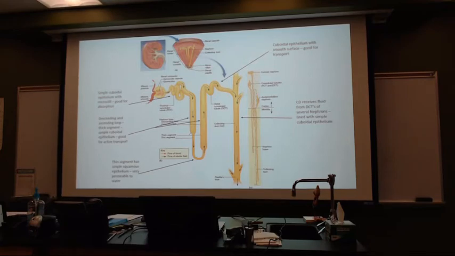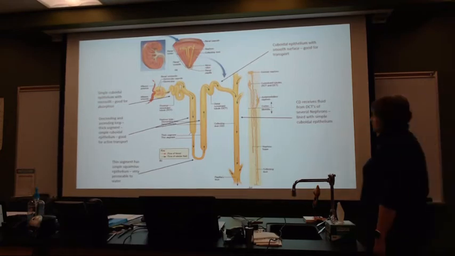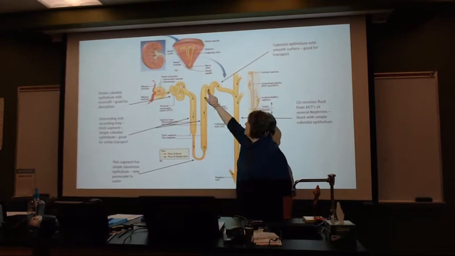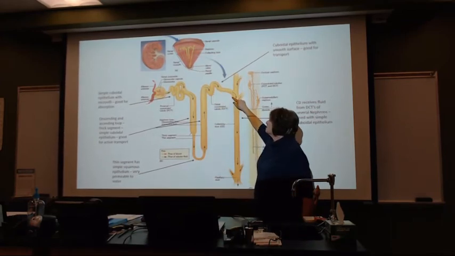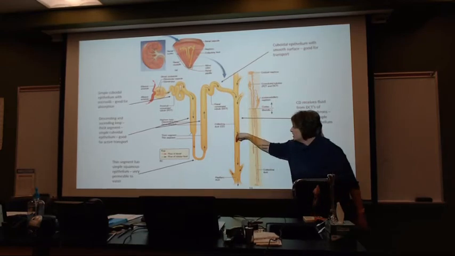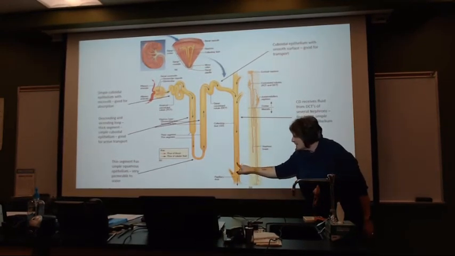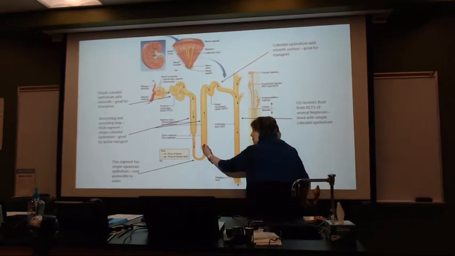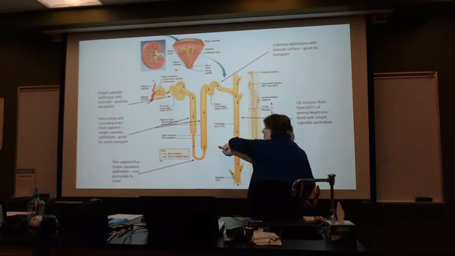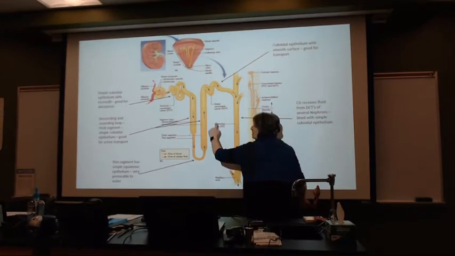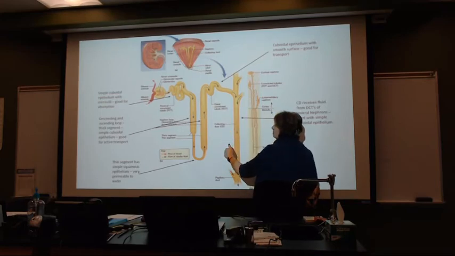Because of this, at each portion of this loop, of these distal and proximal, and even as we make it to the collecting duct, it's going to have materials that can move out of the fluid and from the blood capillaries, the vessels that it's going to have a relationship to.